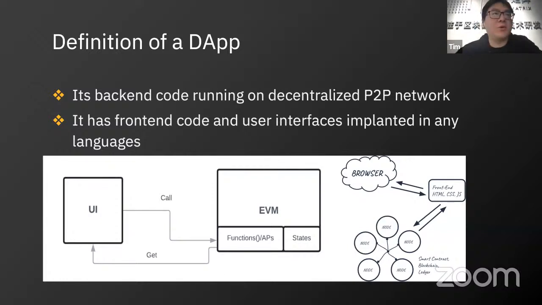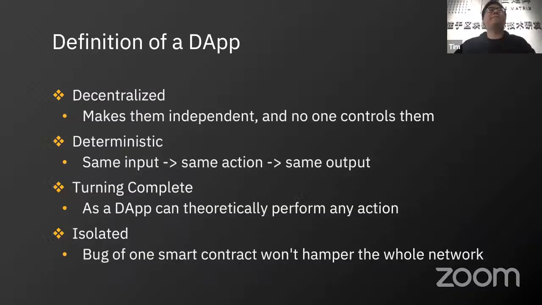It will do two types of calls. One is get, which is just to read the data from the EVM. The other is call, which is to write into the EVM, and that will alter the state of the EVM. In the front end, you can use whatever programming language you like, HTML, CSS, JavaScript, Ruby, Python, to write the front end, but the back end is always the smart contract.